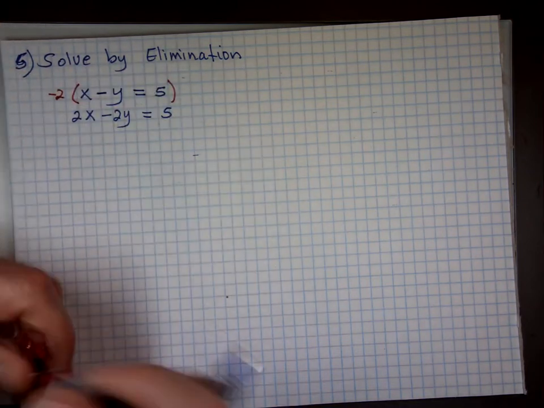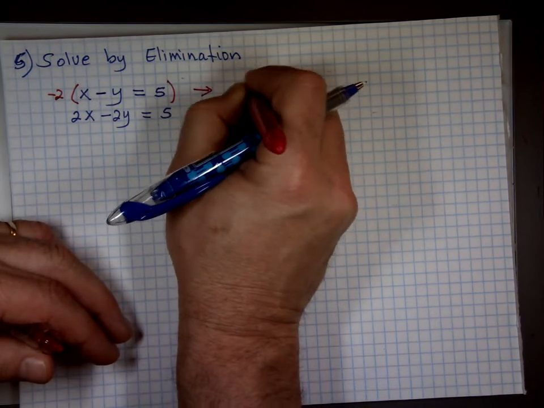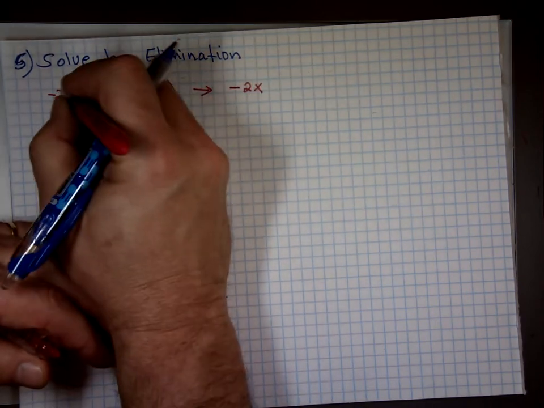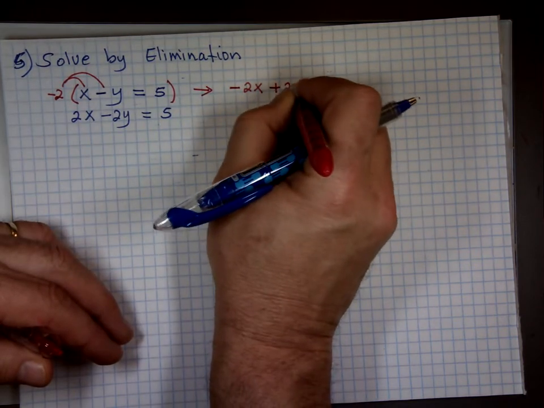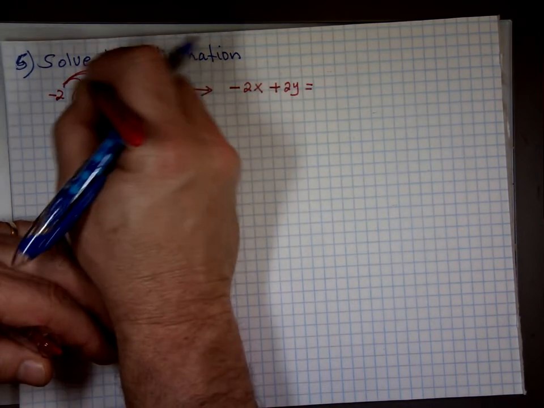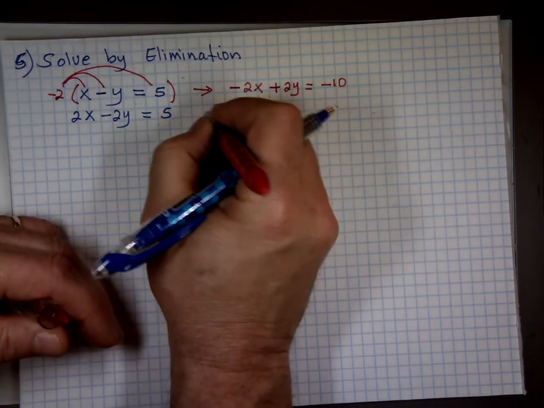Good. So what's negative 2 times x? Negative 2x. What's negative 2 times a negative y? Positive 2y. What's negative 2 times 5? Negative 10. This equation, no change.